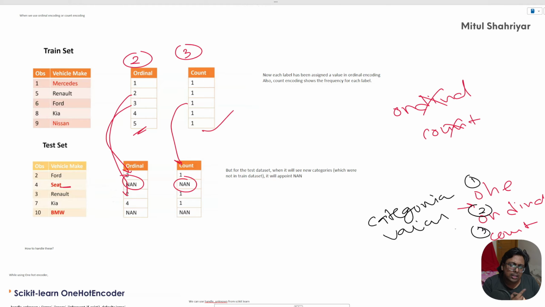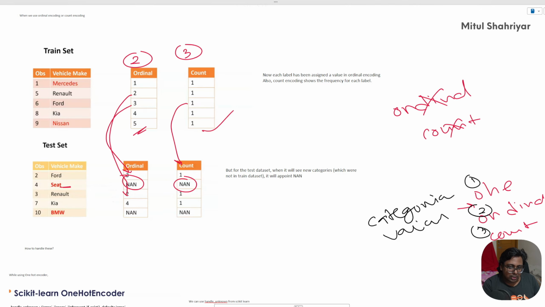But if that categorical variable has real labels, that means after splitting, there are some values which never exist in training, these techniques won't give you the result. They will cause issues, right?